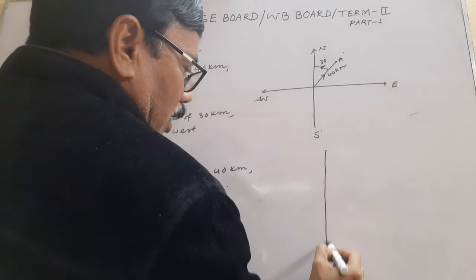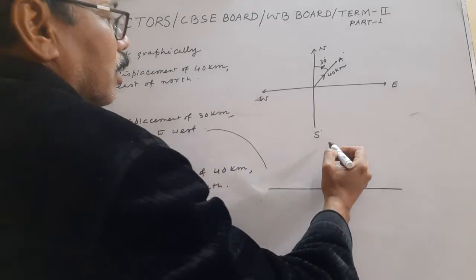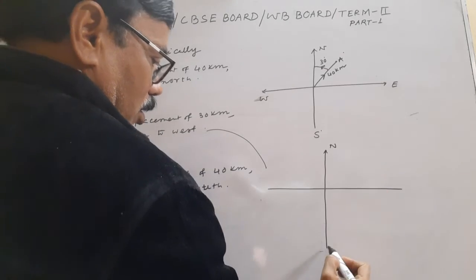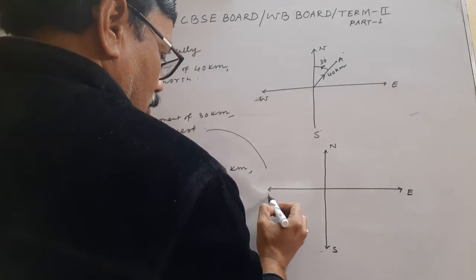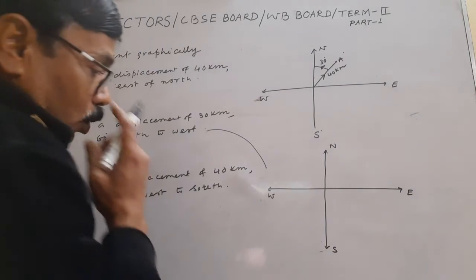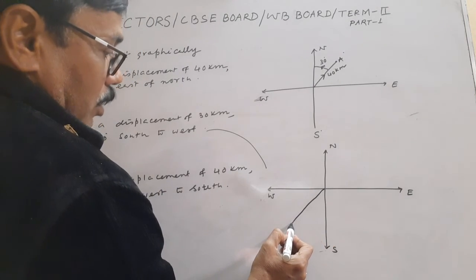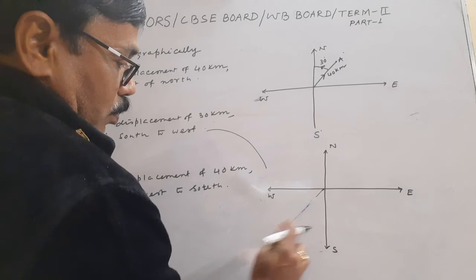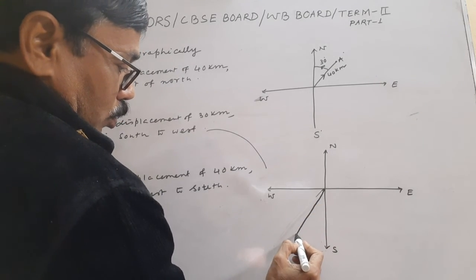Now look for the second one. For this figure: north, south, east, west. A displacement of 30 kilometers, 60 degree from south to west. The angle is 60 degree, measured south to west.